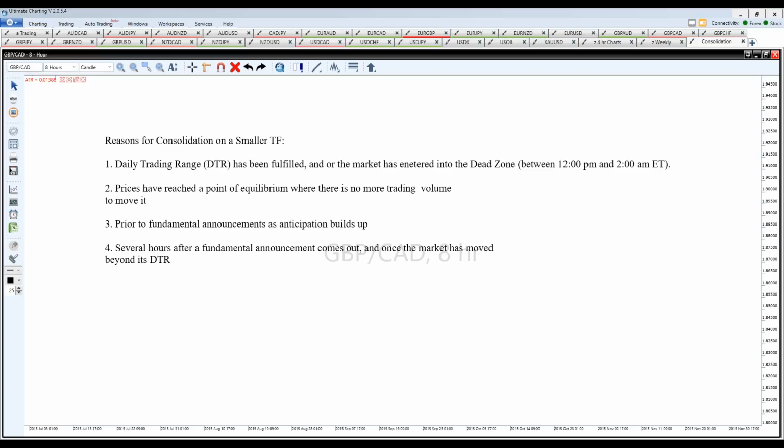Now, we know that the market cannot be in a bullish trend forever. It cannot be in a bearish trend forever, nor can it continue sideways forever.